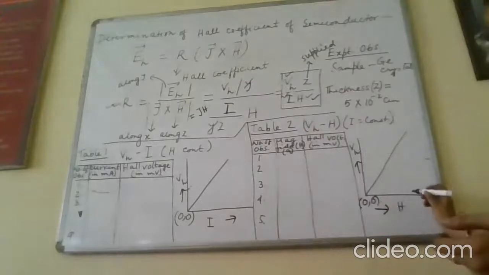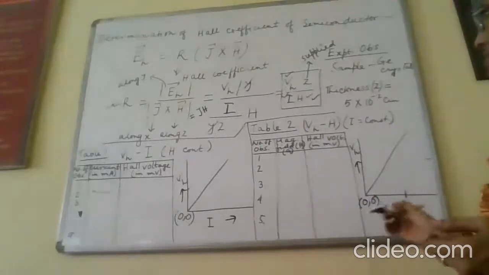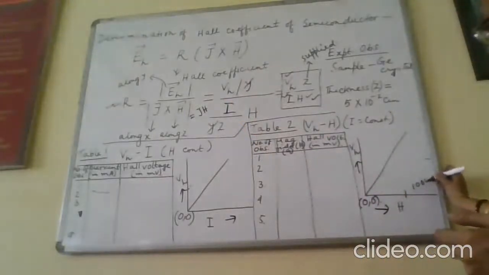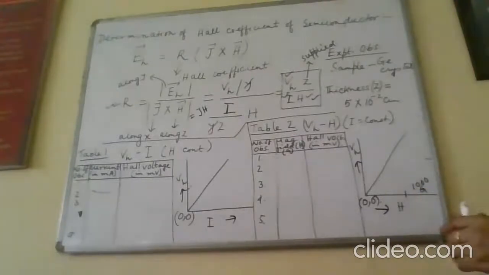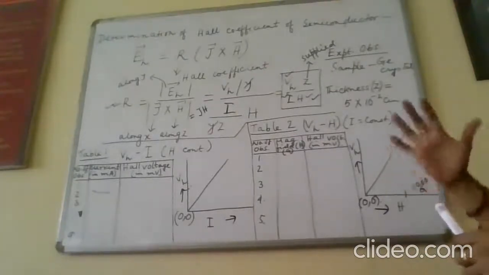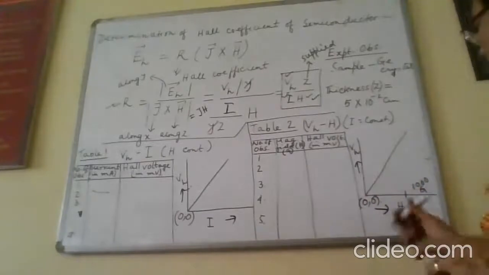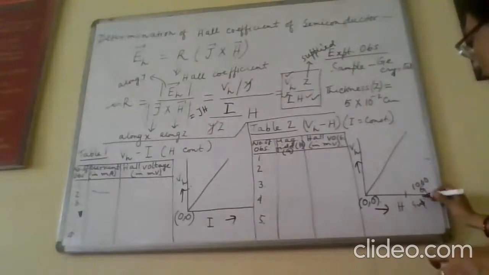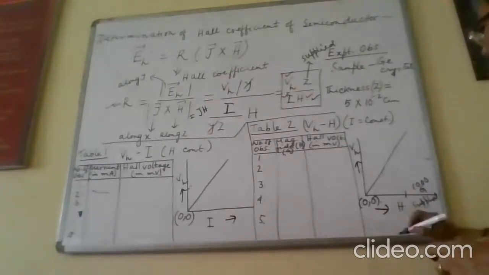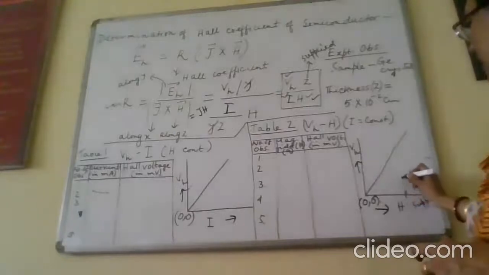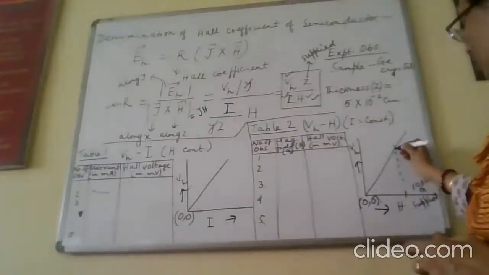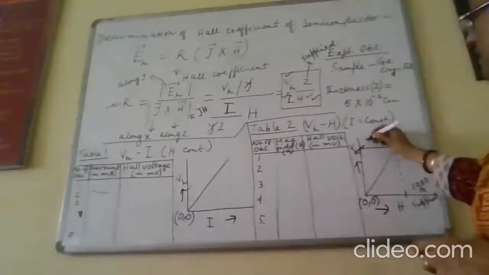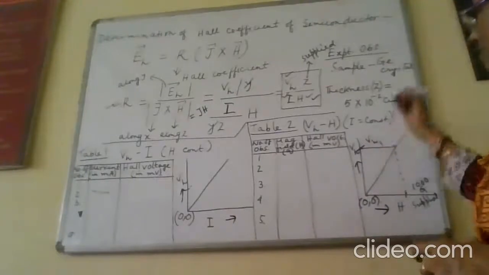Look, as per our supplier, we have been given a standard value of the Hall coefficient for H equal to 1000 Gauss. You have seen that our H comes in the ranges of 1000, 800 like that. So for 1000 Gauss, we have the standard value supplied for R. Accordingly, what we do is, when students take the data corresponding to 1000 Gauss from their graph, they get the value of VH, say VH1.